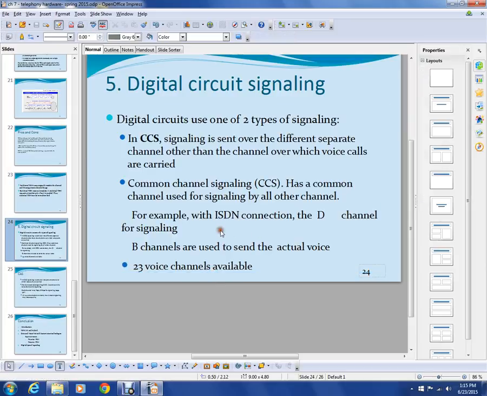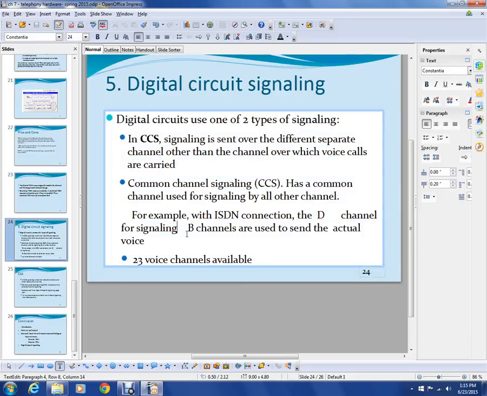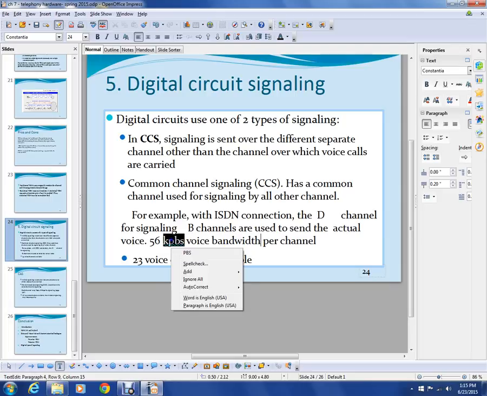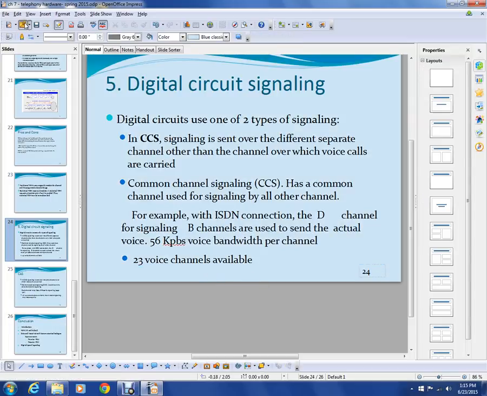Let me fix this a little bit. 56 kilobits per second voice bandwidth per channel. This is kilobit. Here we go. Thank you.